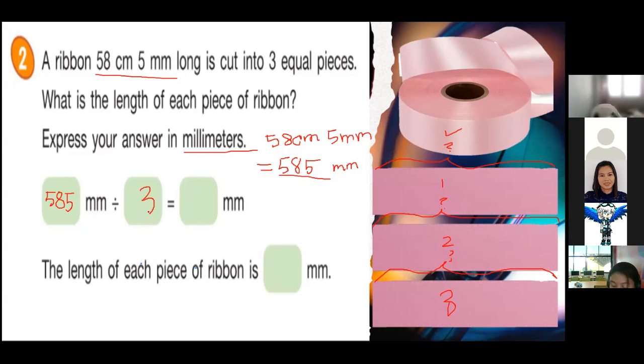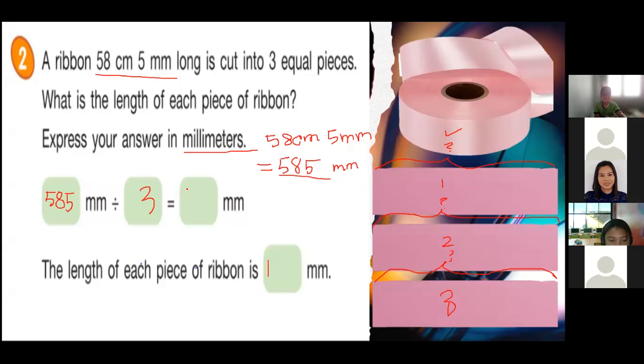Finish. 195 millimeter. Very good. So the length of each piece of ribbon is 195 millimeter.